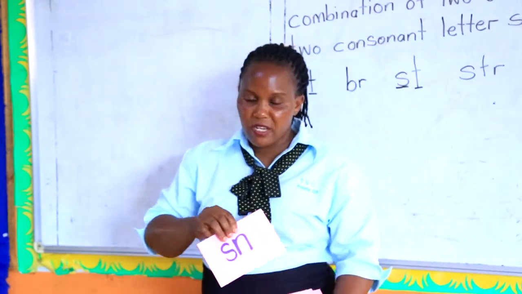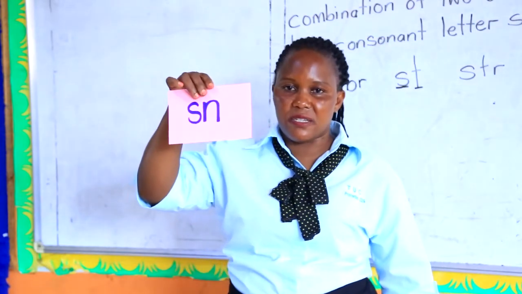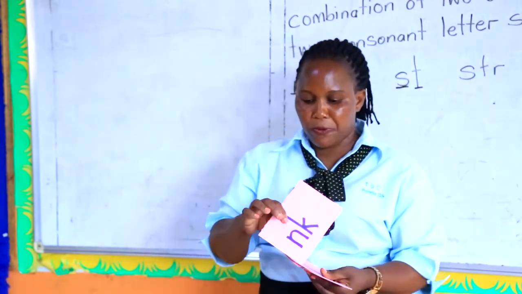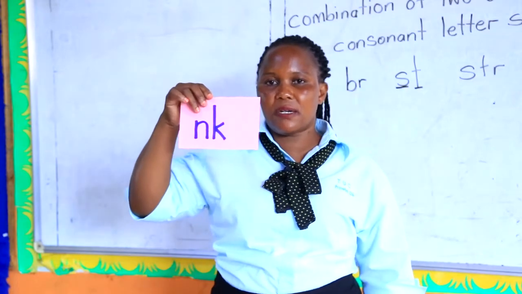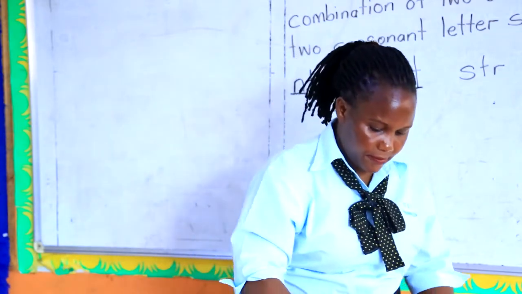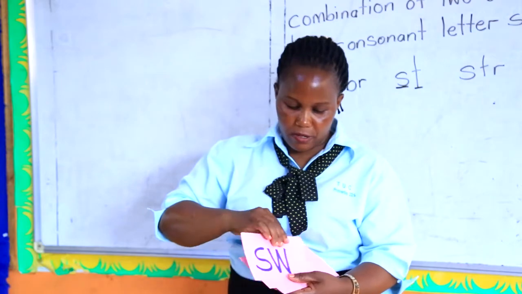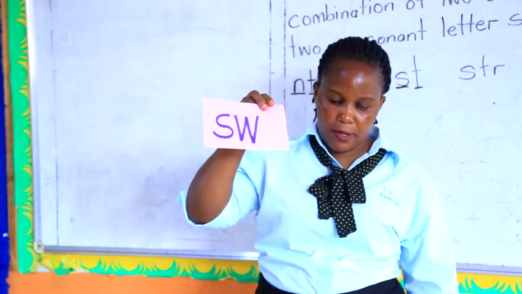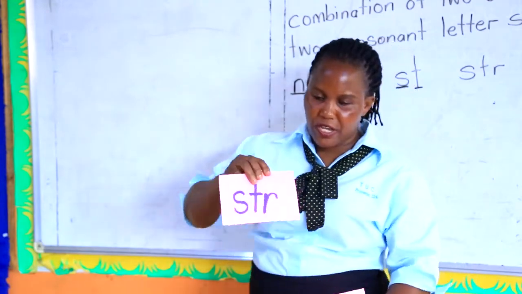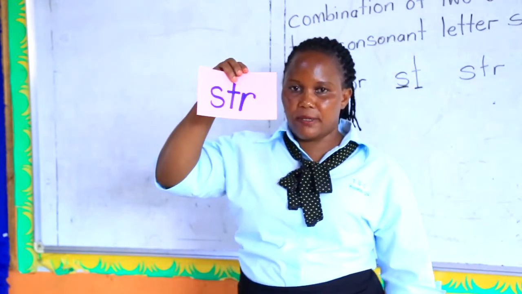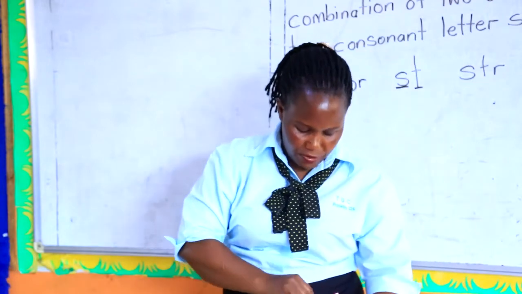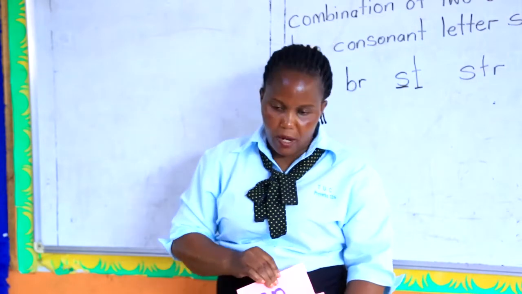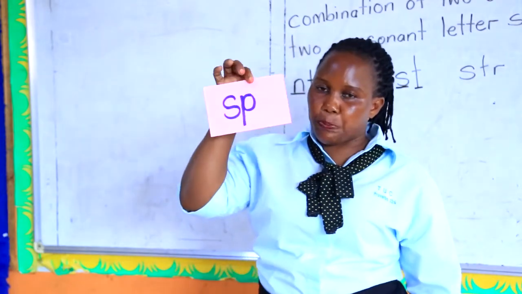This one is sn, sn, sn. This one you can pronounce it as unk. This one is swap, swap, swap. This one is stir, stir. This one is tur, tur. Sp, sp, sp.